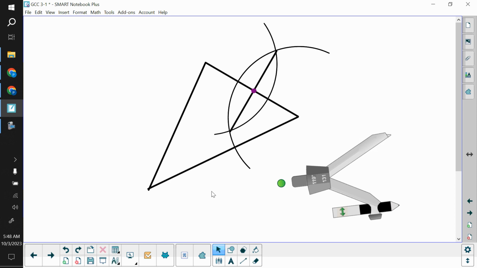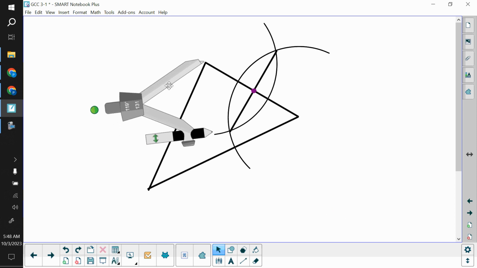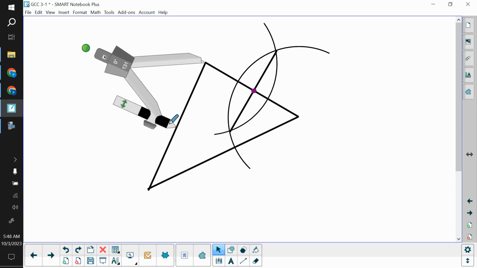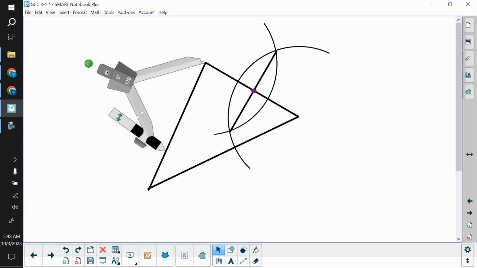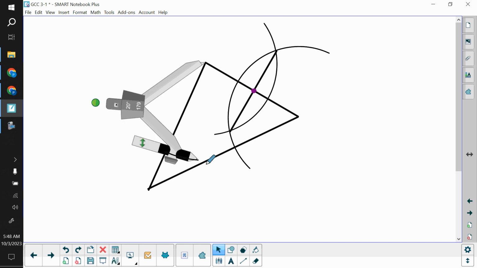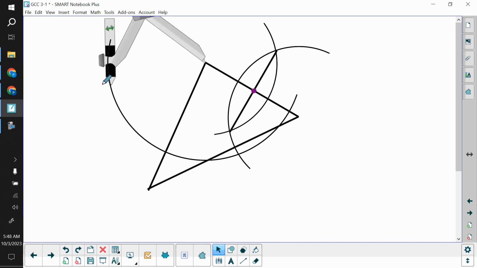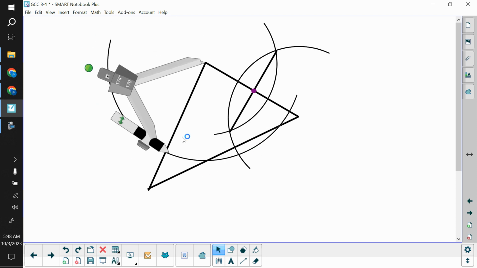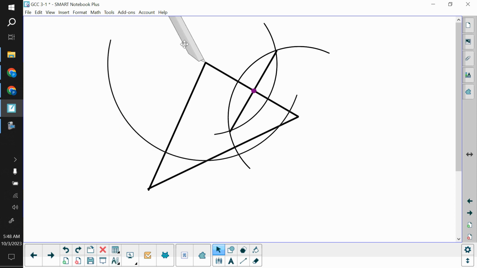And then we're going to do the same thing with the second side. So I'm going to do it to this side over here, but you can do it to any second side in your triangle. Make sure your compass is open more than halfway to the other endpoint of the segment. We'll reverse it.